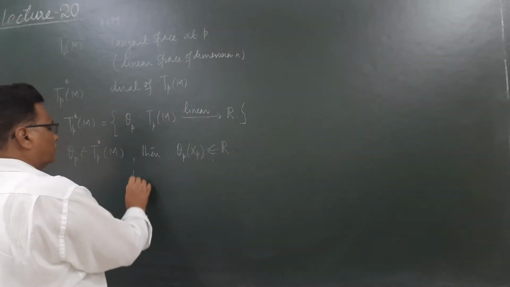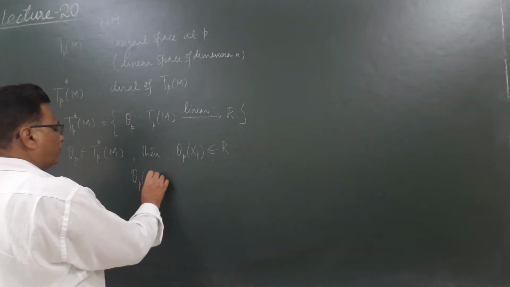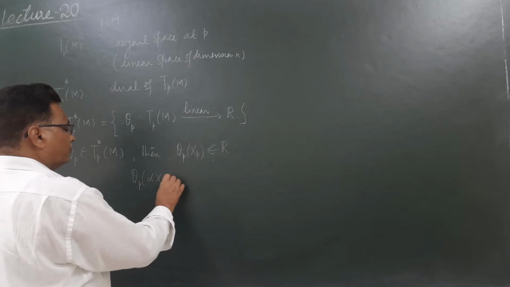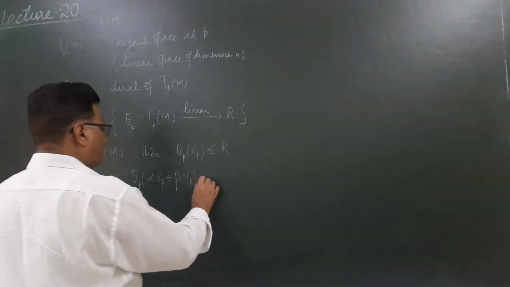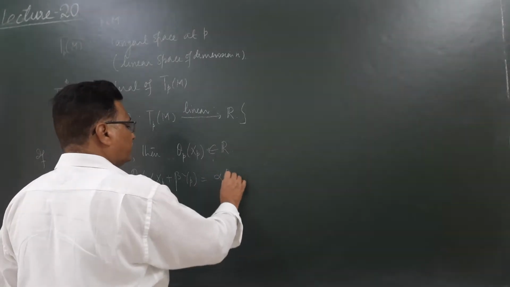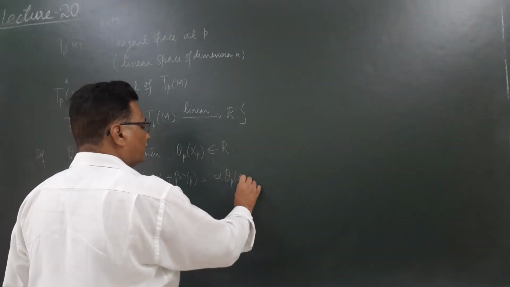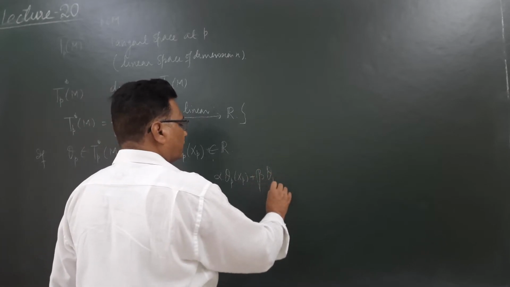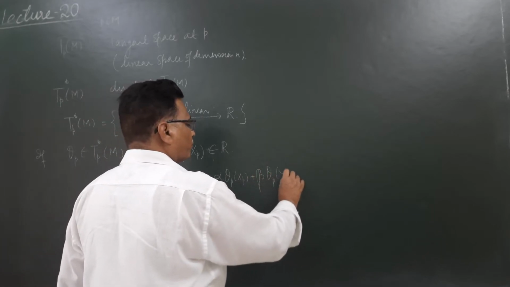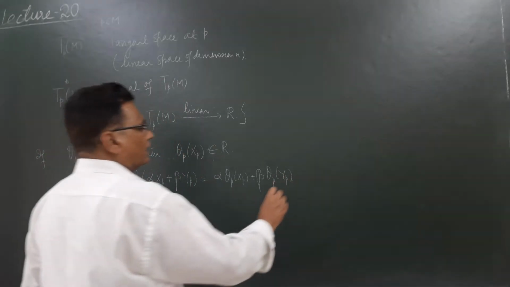And second, theta p, when it operates on a linear combination of two tangent vectors, gives alpha times theta p of Xp plus beta times theta p of Yp, where alpha and beta are real numbers.